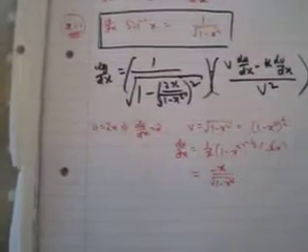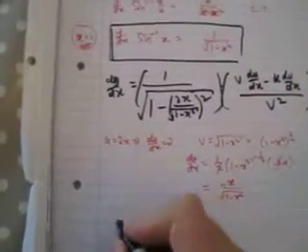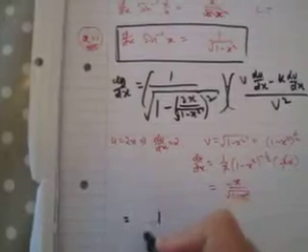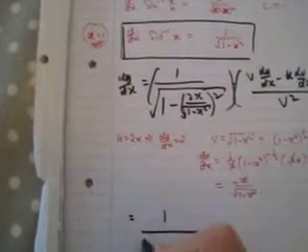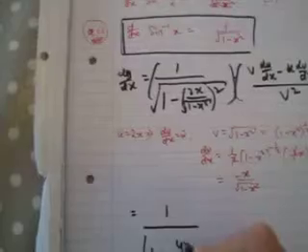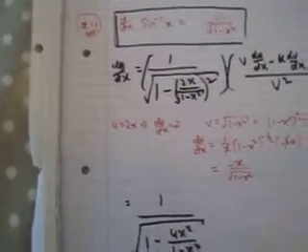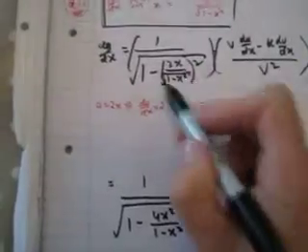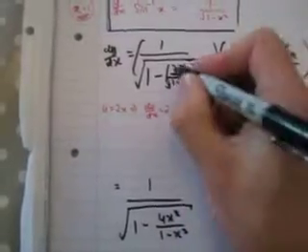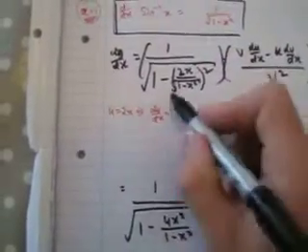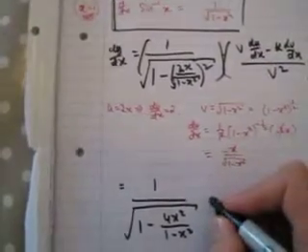Alright, so let's fill that in and see where we are. So I get 1 now over the square root of 1 minus 4x squared over 1 minus x squared. That's what we get on the bottom. When you square the top line, square 2x and you get 4x squared. Square that square root and the square root disappears.